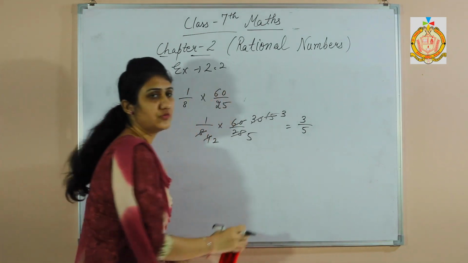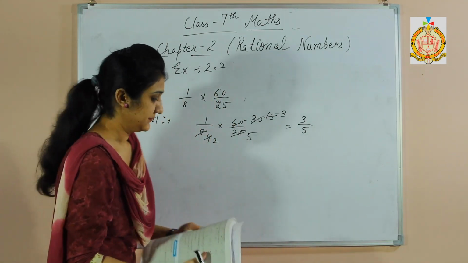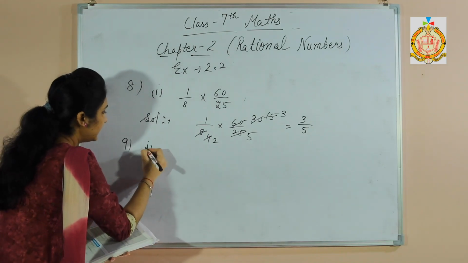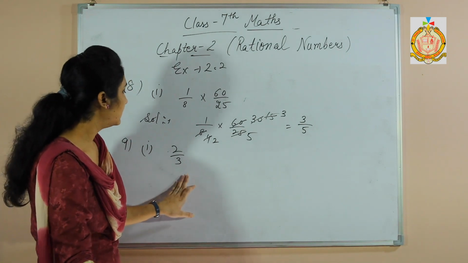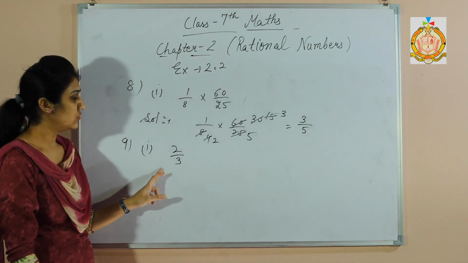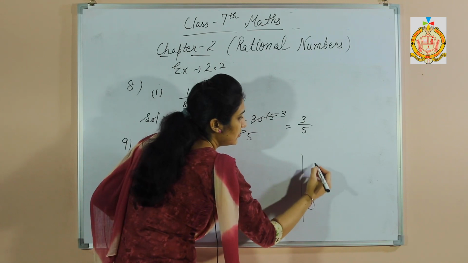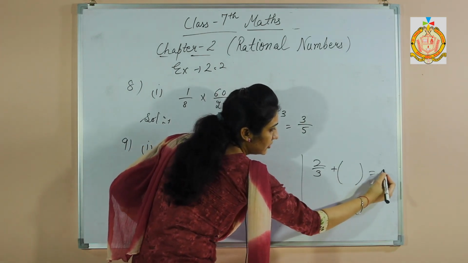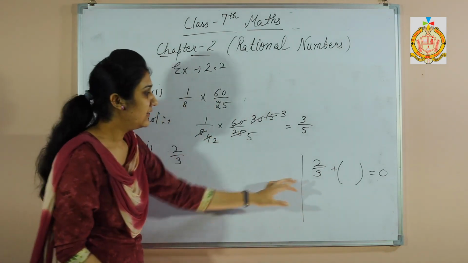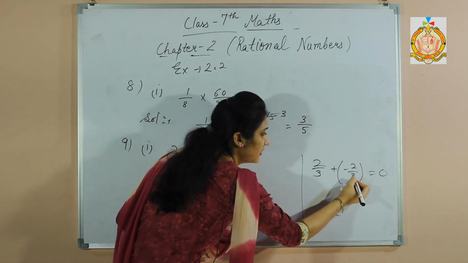But here we have to do it for rational numbers. First we have to find the additive inverse of 2 by 3. Student, what is the number which we add to get the answer 0? 2 by 3 plus which number shall we add to get the answer 0? We shall add minus 2 by 3.